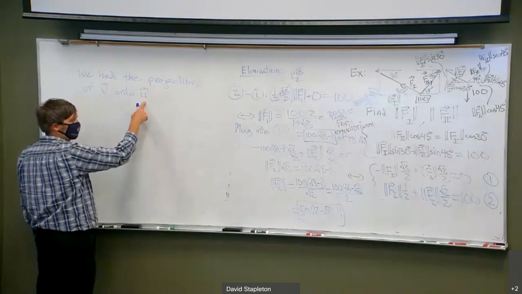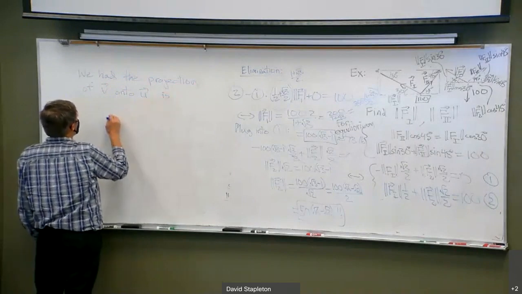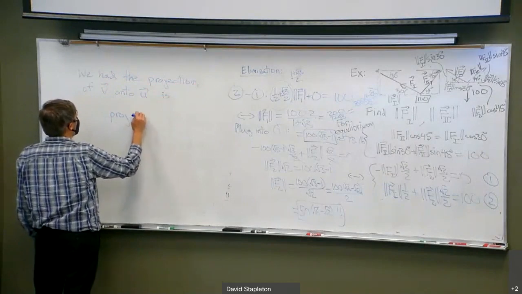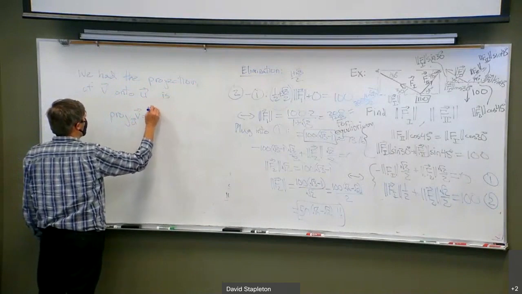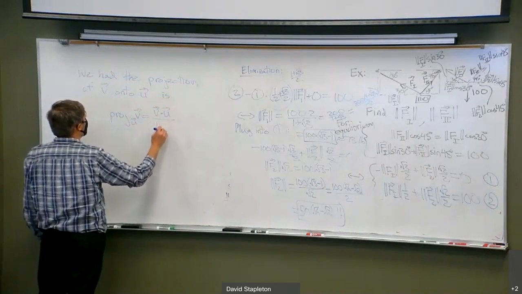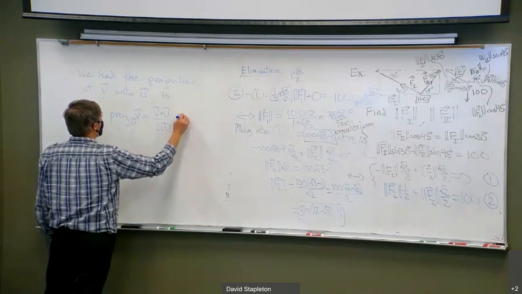The book likes to use v, I kind of don't like that way, I'll say it's u. It's the projection of v onto u equals (v dot u) over length of u squared, times u. That was the definition.